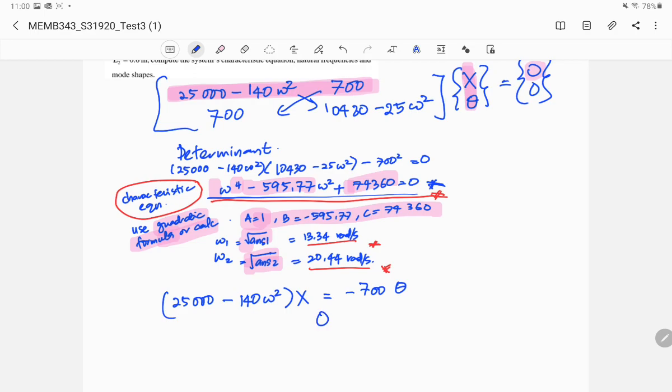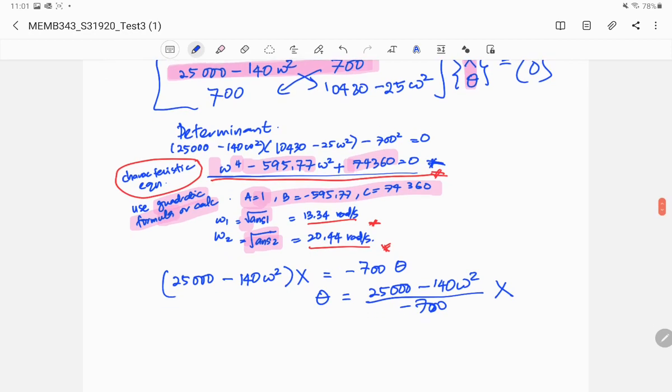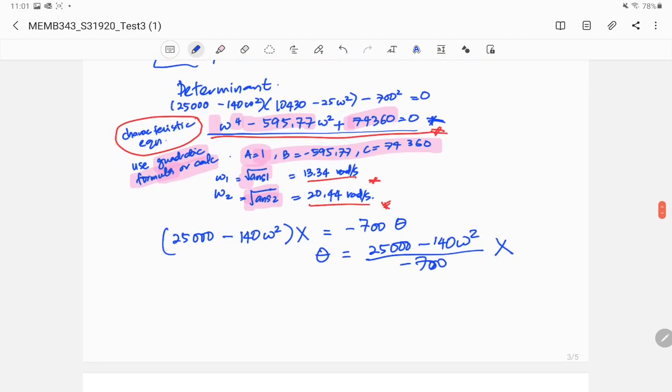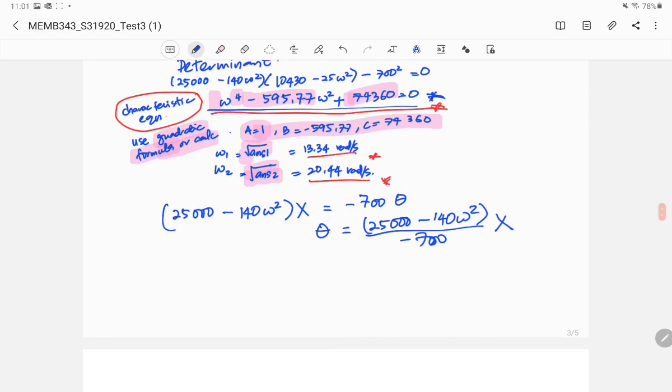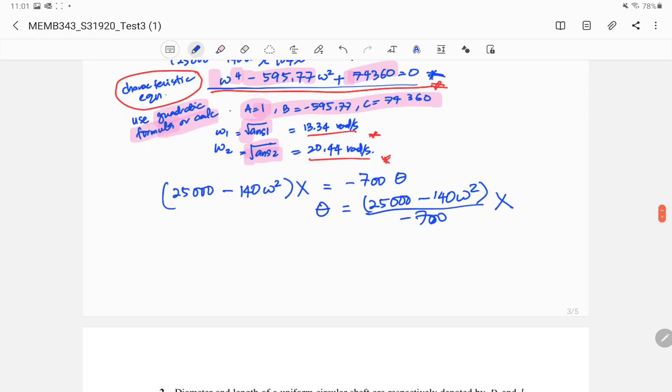So your theta equals 25,000 minus 140 omega square, divided by negative 700, and you have your x there. This is the general equation that you're going to use. Maybe I put a parenthesis, that'd be better. Then you can start substituting.